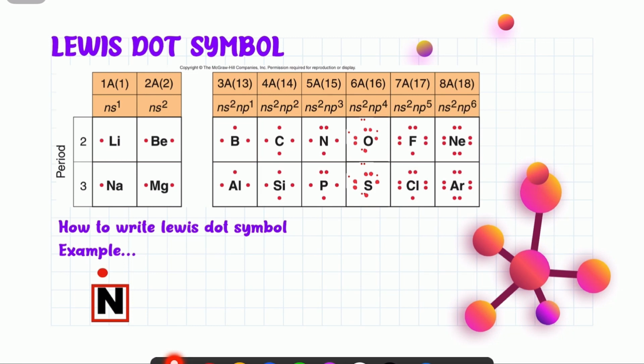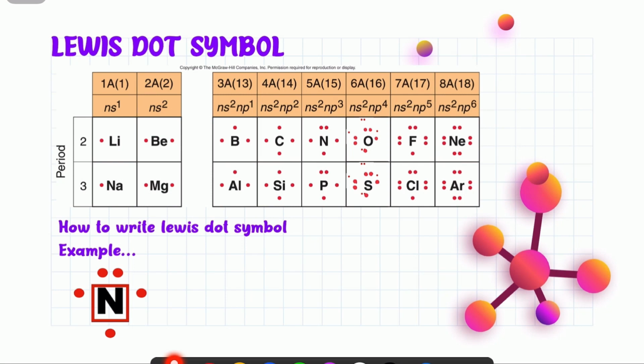For example, I fill the first side above with one dot, and the second valence electron, the second dot, at the next side. Then the third electron at the next side, until it completes 4 sides for 4 electrons, and the last electron pairs up at the first side.